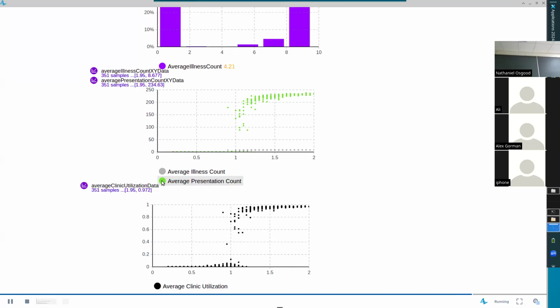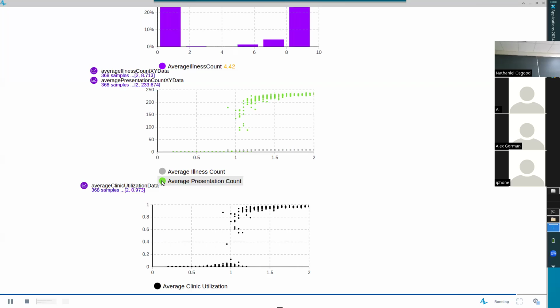As the contact rate rises, there's a fairly sharp transition to where we have very high numbers of presentations going on. Many people are seeking to present many times.